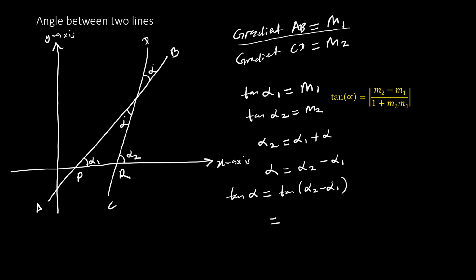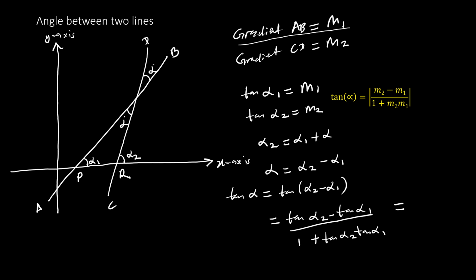And from the trigonometric ratio, tan of alpha 2 minus alpha 1 is going to be tan alpha 2 minus tan alpha 1, everything divided by 1 plus tan alpha 2 multiplied by tan alpha 1. This is derived from trigonometric ratio. You can check out our catalog on trigonometric ratio and how we can derive and prove this.